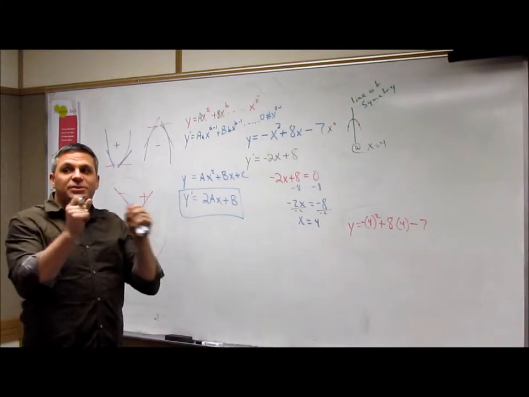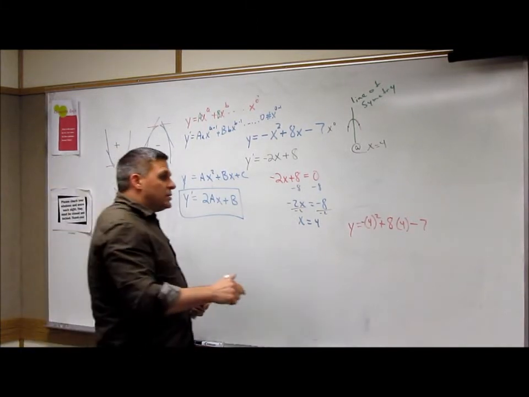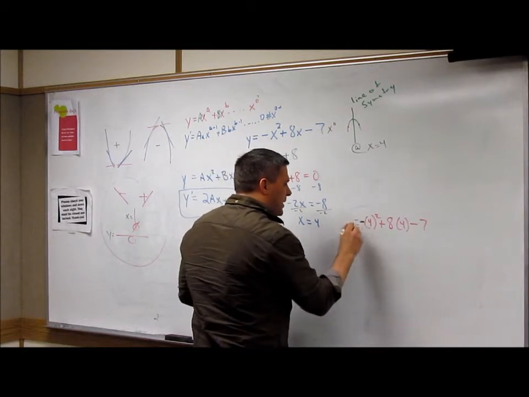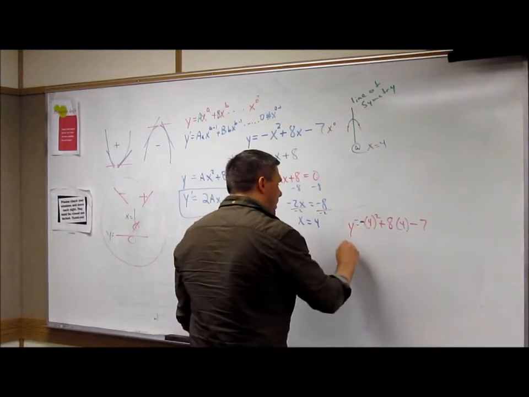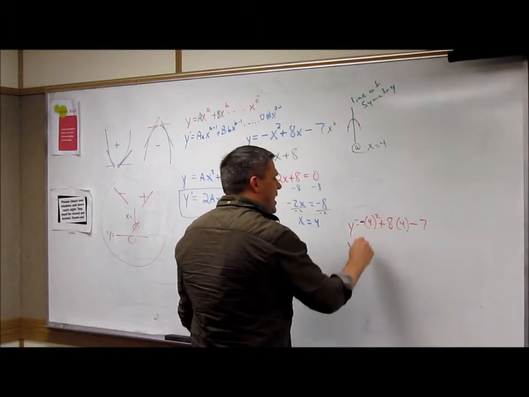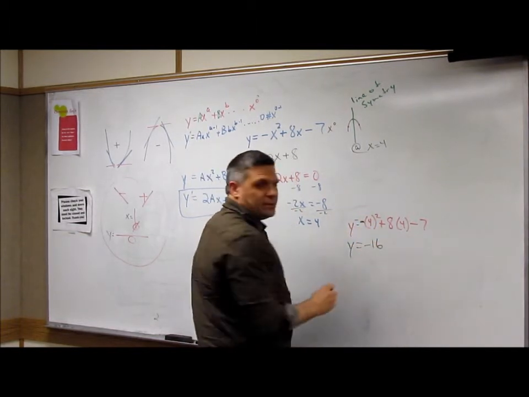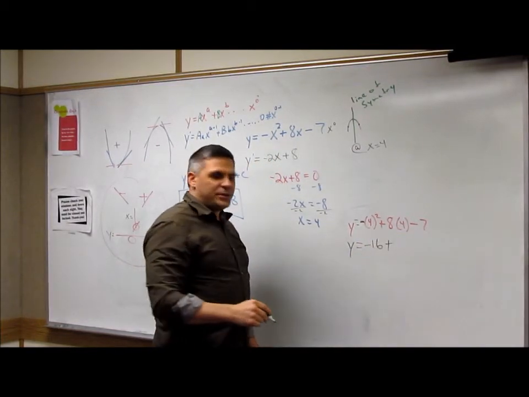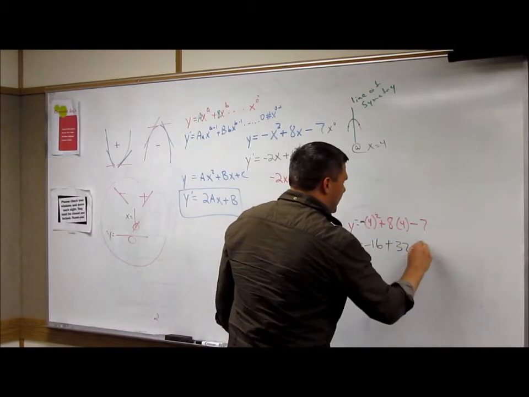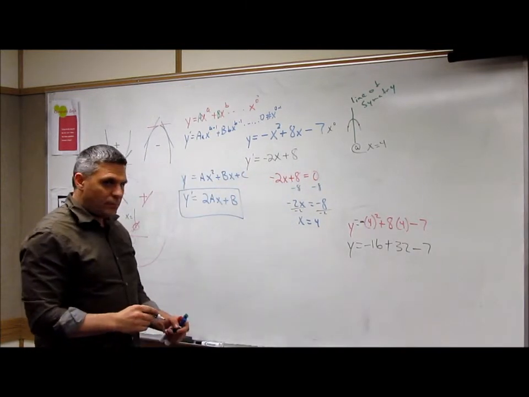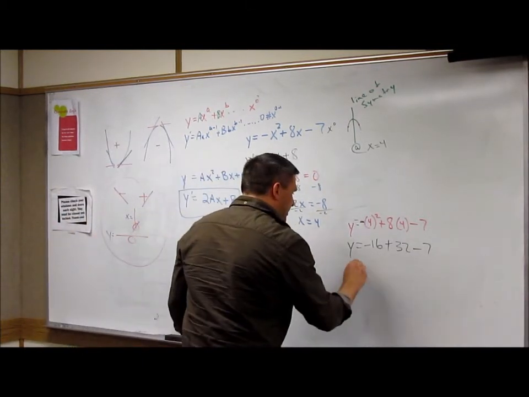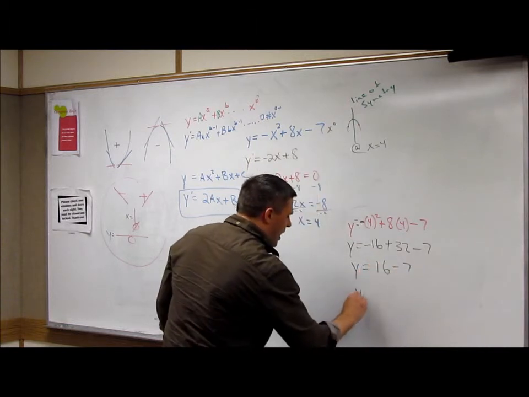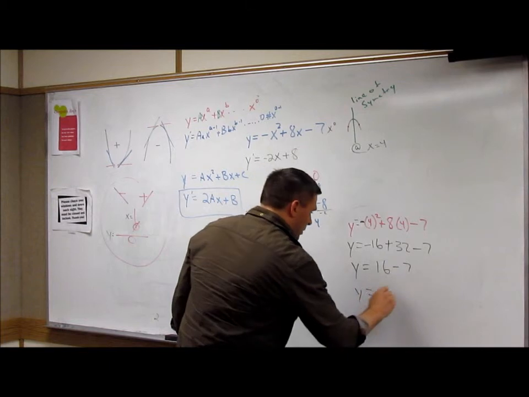The square only affects what it's directly next to. So the negative is going to be out in front. Does that make sense? All right, so then we have y is equal to negative 16 plus 8 times 4, which is 32, minus 7. So negative 16 plus 32 is 16, right? Minus 7, so y is equal to 9.